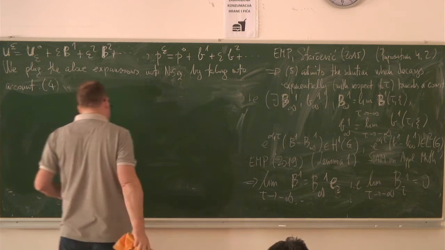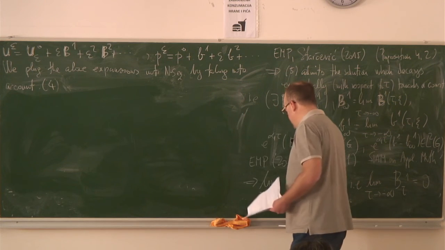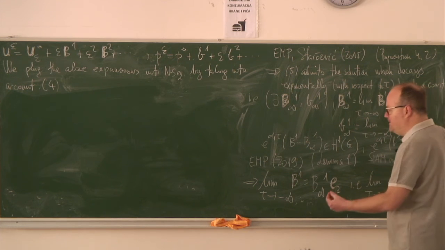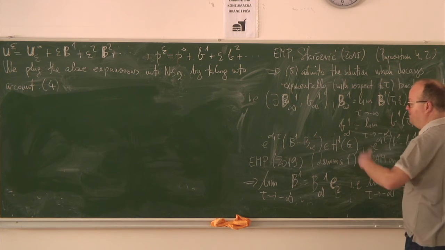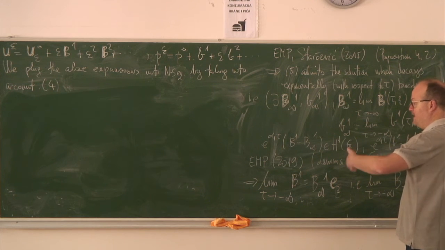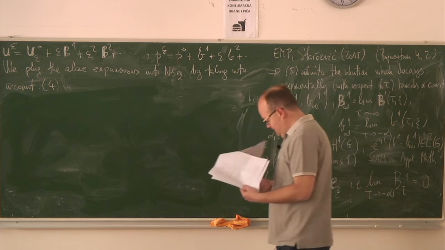The whole idea is to construct the boundary layer correctors B1, B2, and so on, and to obtain the higher order correction of the velocity. From this velocity, we will extract the characteristic velocity, put it in the Darcy-Weisbach law, and obtain the correction of this friction parameter. That's essentially the idea.